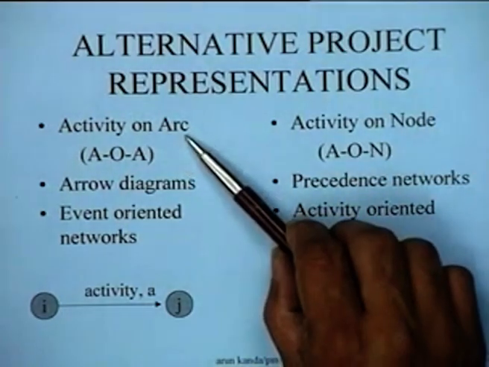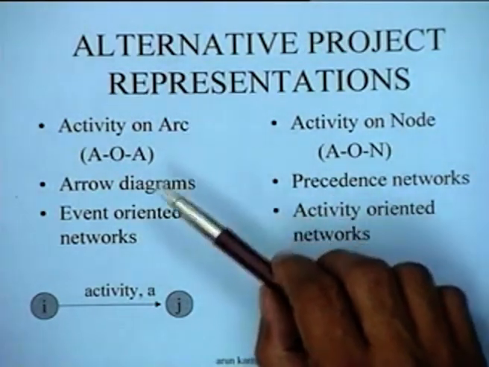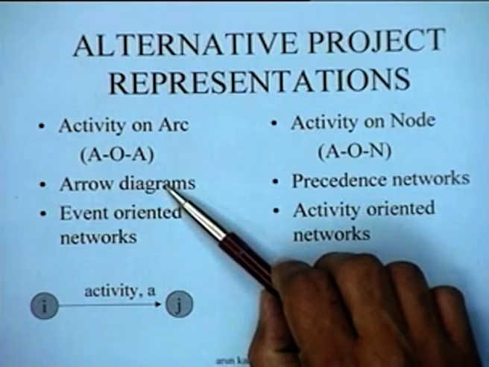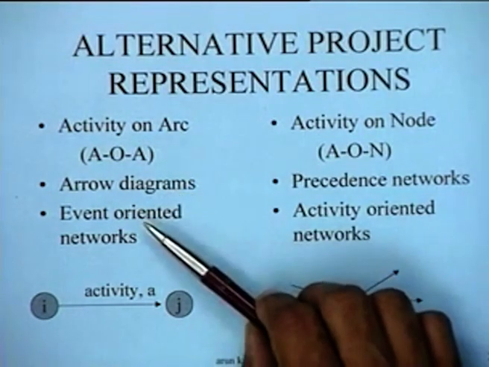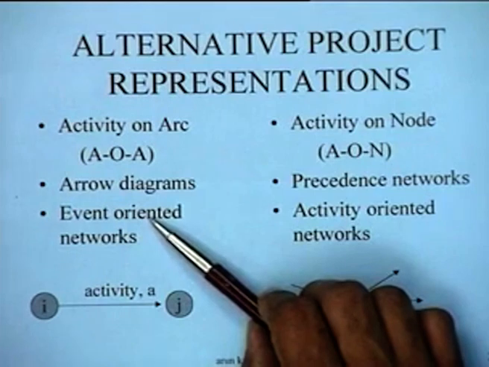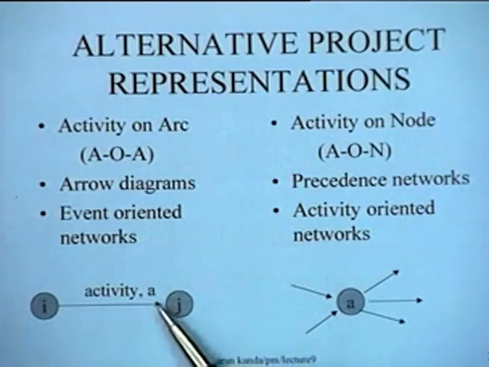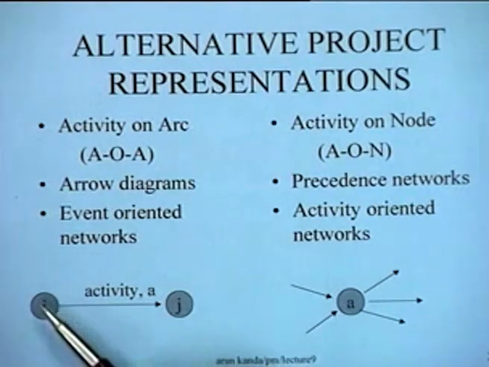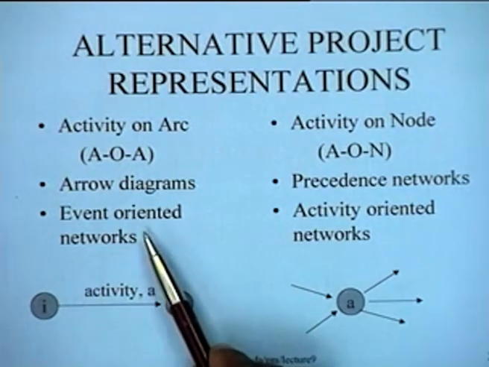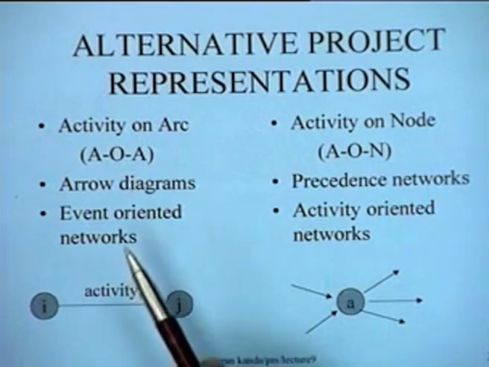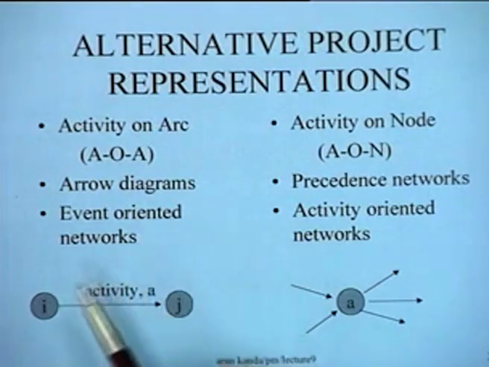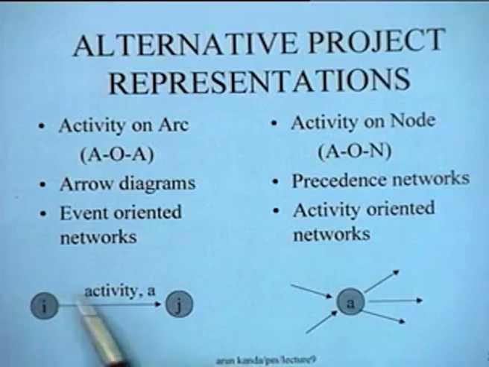In the activity on arc representation, which is also known as arrow diagrams in common parlance, or also known as event-oriented networks, the job is represented on the arrow and the nodes have the interpretation of events. That is why these are called event-oriented networks, and the forward pass and the backward pass computations in AOA networks actually have the interpretation of event times or milestones.